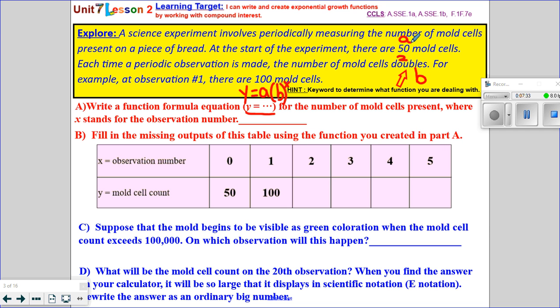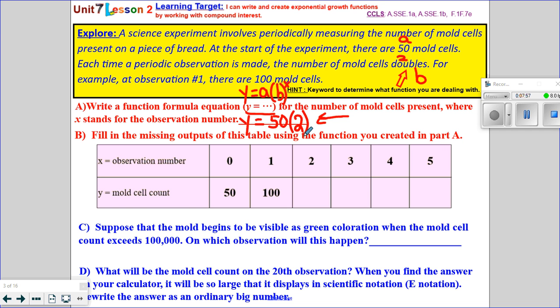So can you write that equation for me? I'm waiting for you to write it right here. Y equals, what's A? A is 50. B, it doubles.